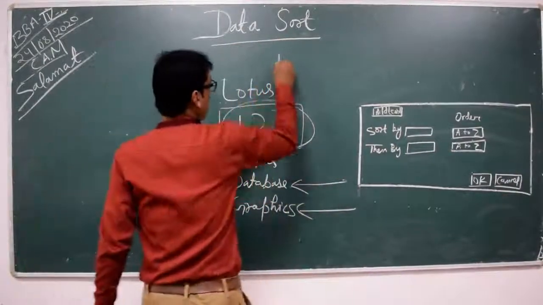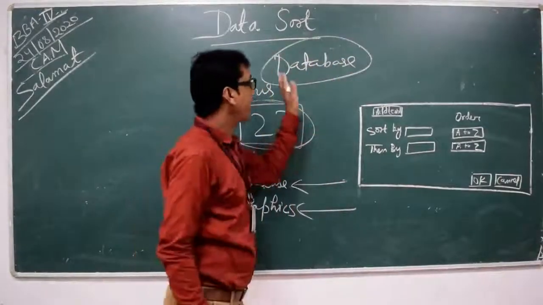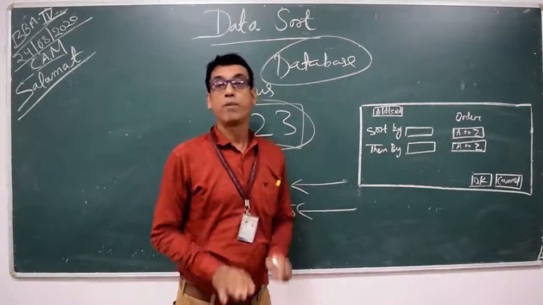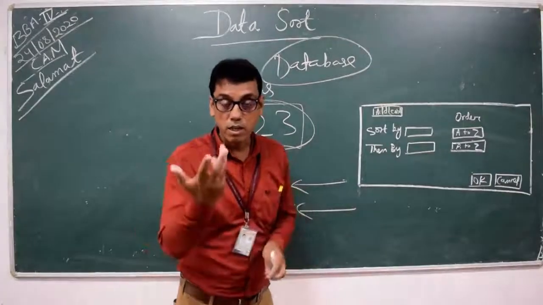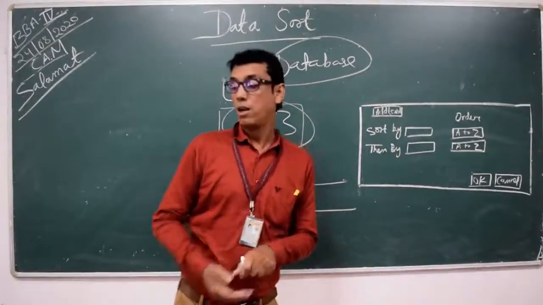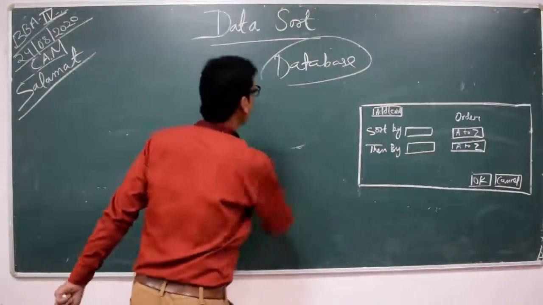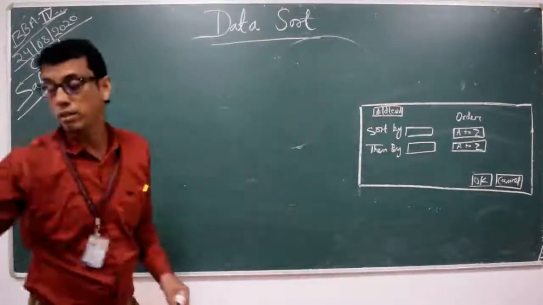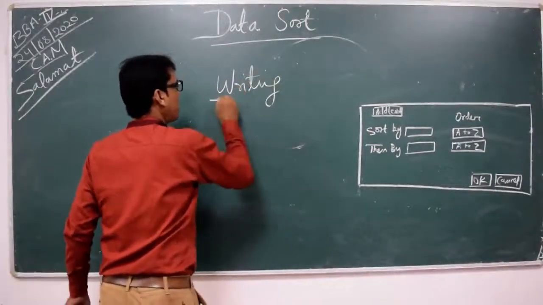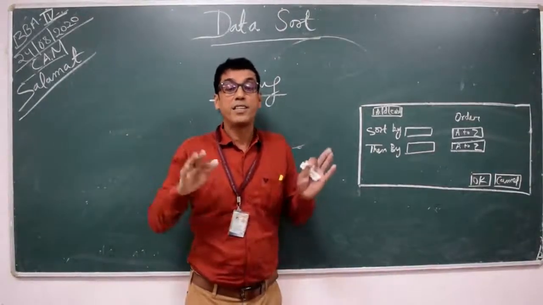To understand database, if you want to get a crystal clear idea about it, first of all we need to understand the three styles of writing developed by human beings. The first style of writing was developed by humans after learning speaking.